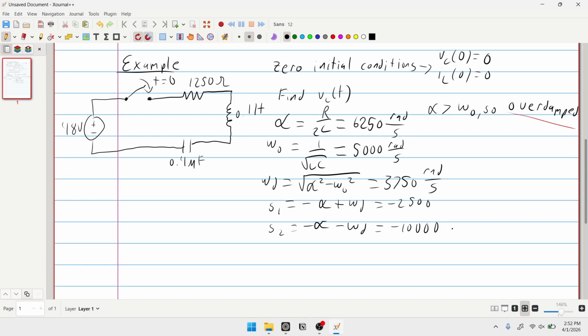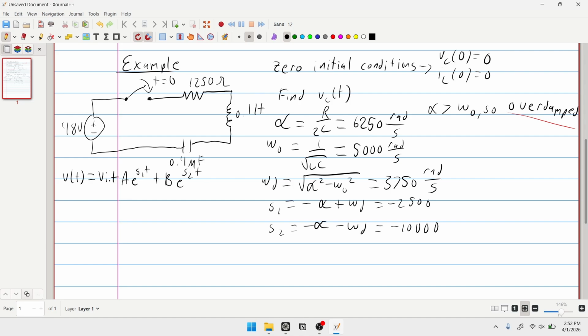So, knowing that it's overdamped, we know that the solution will take the form Vi plus the natural response form, which is A e to the s1 t plus, or not A, B e to the s2 t.